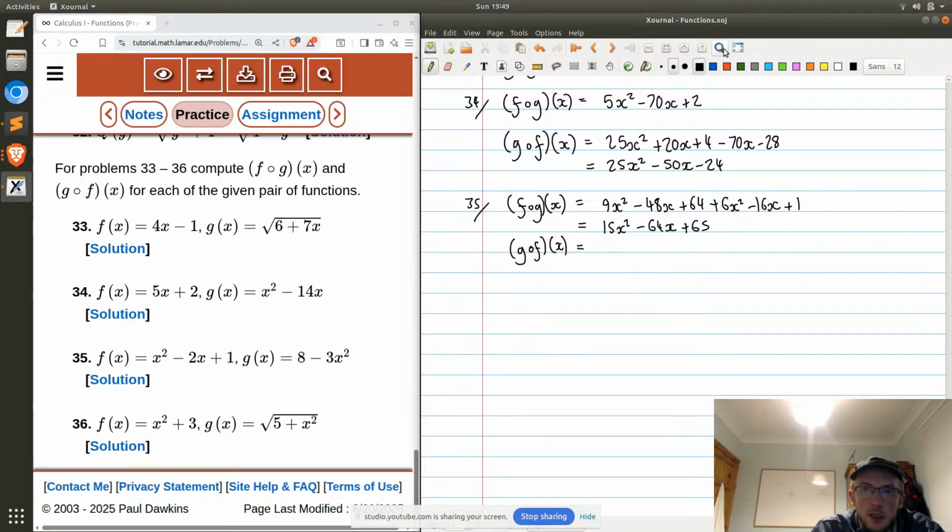So I'm going to make some room to do that down here. x to the 4 minus 4x cubed, 2x squared plus 4x squared, so 6x squared minus 4x, and then plus 1. That's what happens when you square it. Then we have to do 8 minus 3 times that.